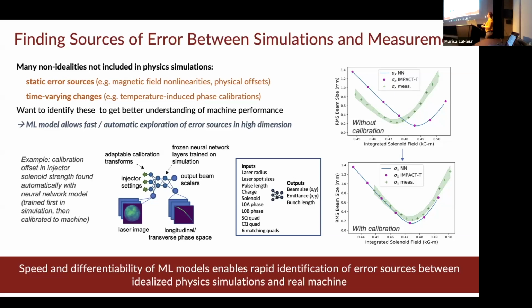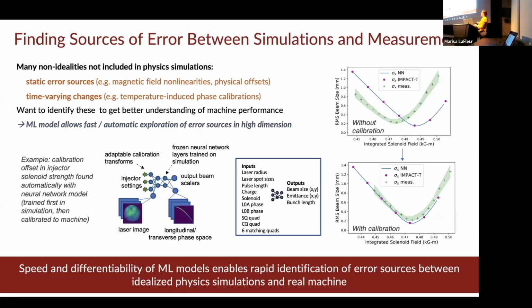And so what we essentially are doing is forming a learned representation from the physics simulation, and then looking at the difference in predictions between what it initially predicts and then what we measure, and then back propagating that through this learned representation to try to infer things like simple scalings and offsets.